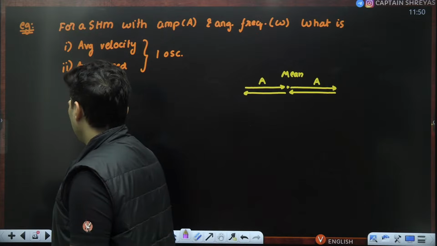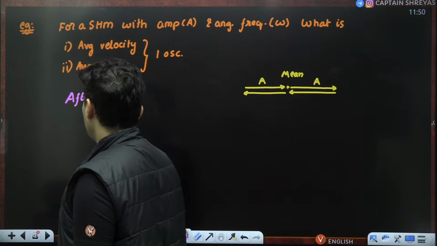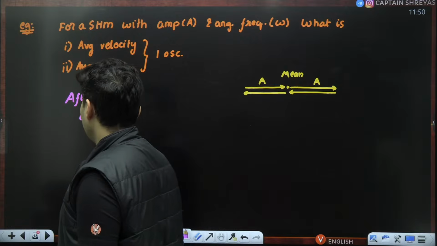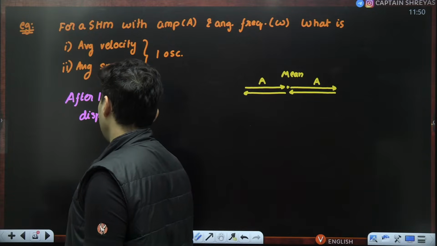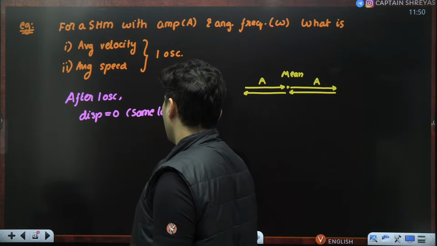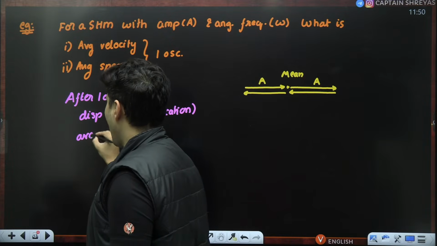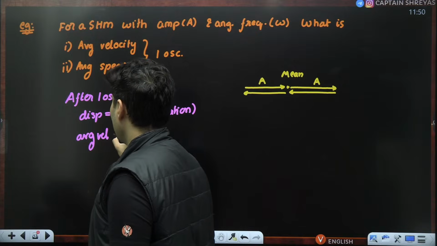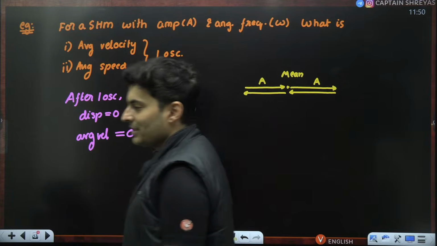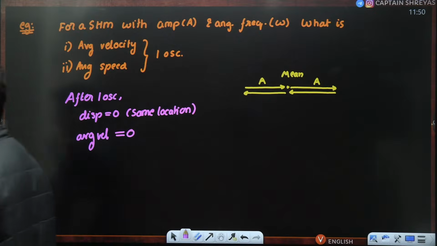So after one complete oscillation, the displacement is 0 because you come back to the same location. So displacement is 0. Therefore, the average velocity of a SHM is always going to be 0. Yes, the average velocity is going to be 0 for a SHM.